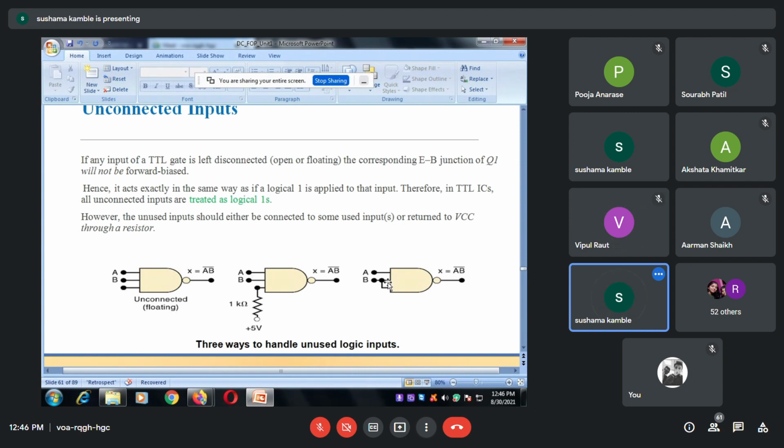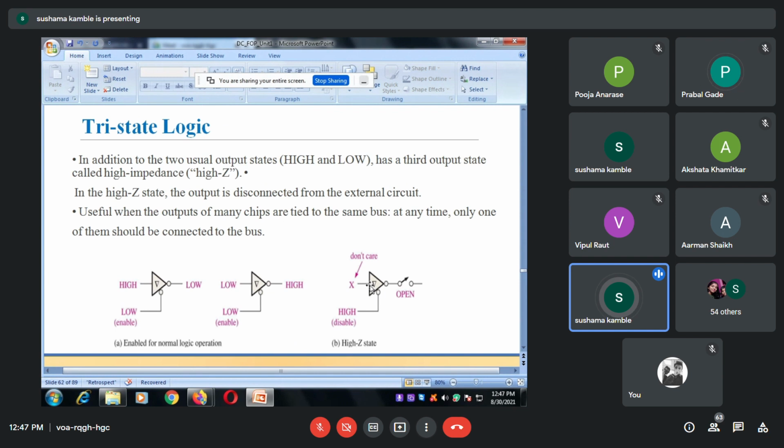You can connect this input to another input like this. Got it? These things are required for practical purposes. You can't keep any one of the inputs floating. Either you have to connect it to VCC or you have to connect it to any other input. Are you getting this? Yes, ma'am. Okay, this is about unconnected inputs.